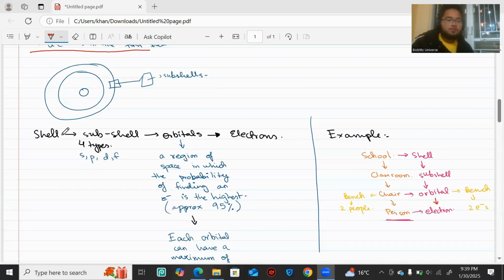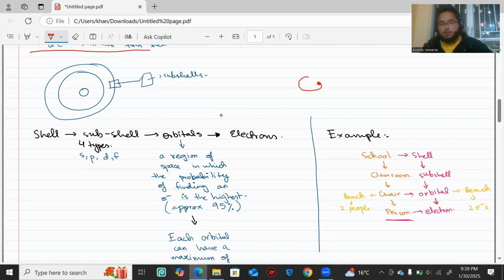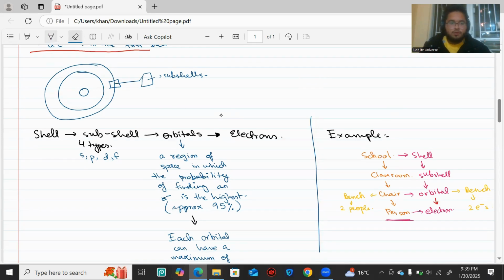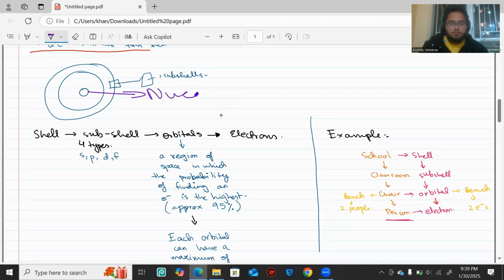So now let's move on to the structure of an atom. An atom is comprised of a nucleus.